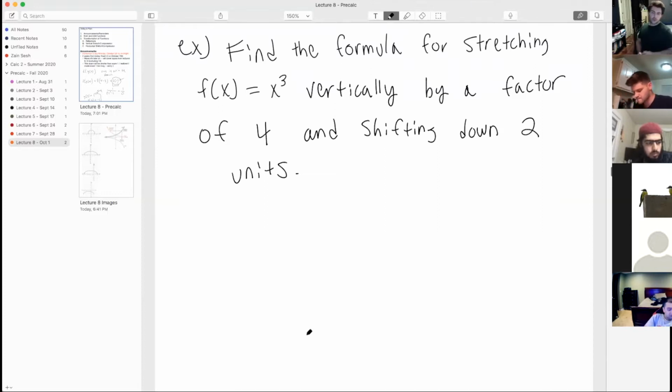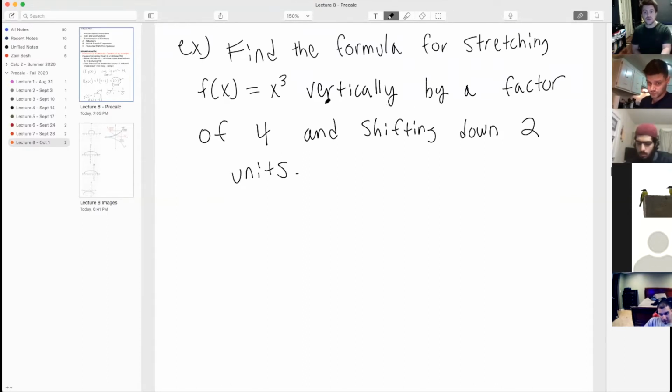So we need to apply these transformations to f and get some sort of formula for it. I'm going to take care of both of them separately. Right now, the order in which I apply the transformations does not matter, but soon it will matter, and we're going to get to that. So right now we can do each of them in any order we want.